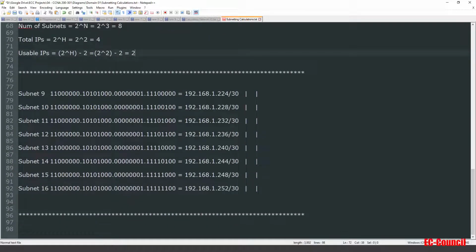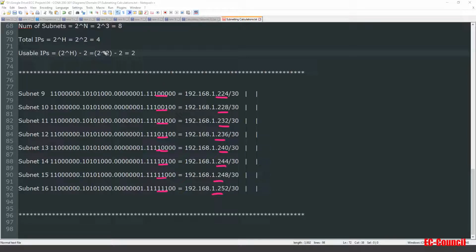So here, you'll notice that we have actually documented all the possible bit combinations. It is these 3 network bits that we are modifying. And of course, we have our new network IDs.